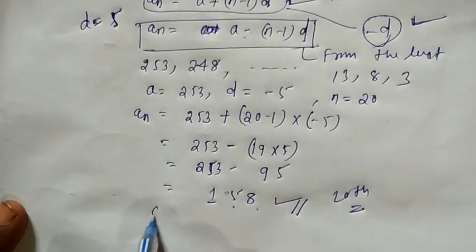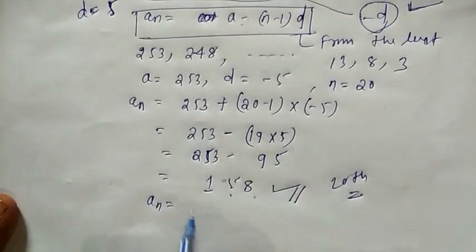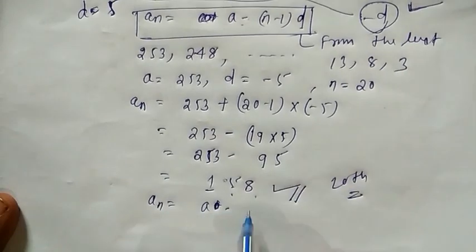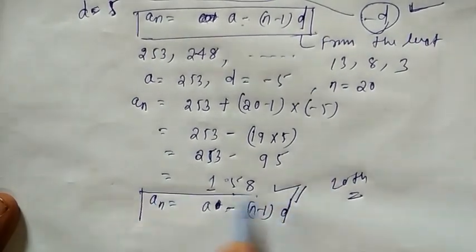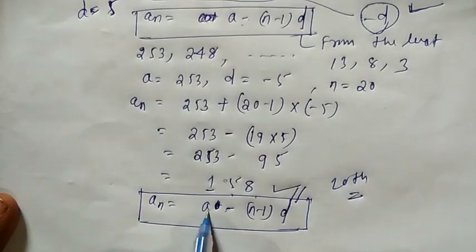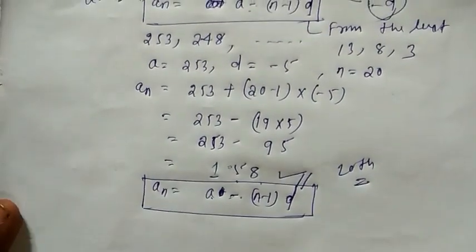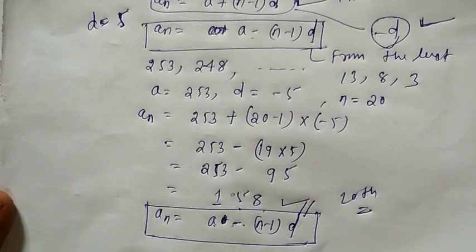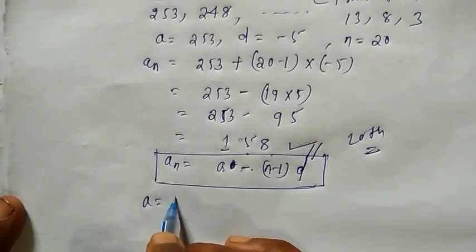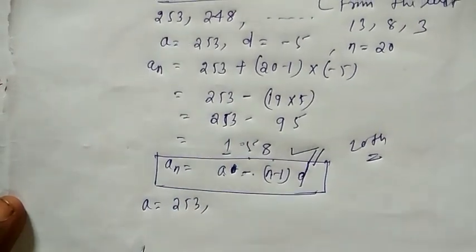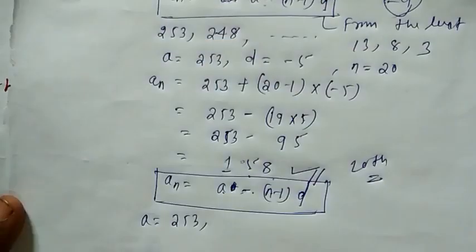Then where will you apply this formula? an = a - (n - 1) d. Directly you can write here. If you apply this formula, a is equal to 253, because we are moving from the last.